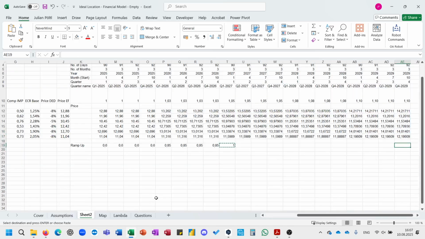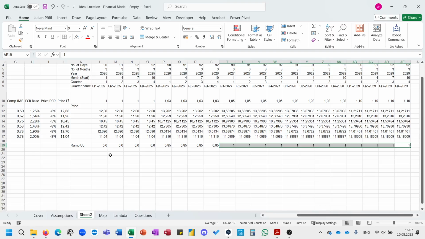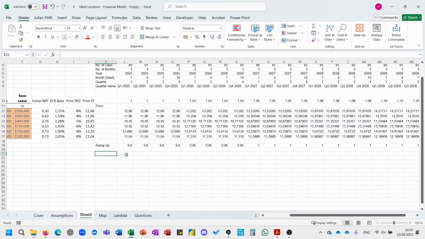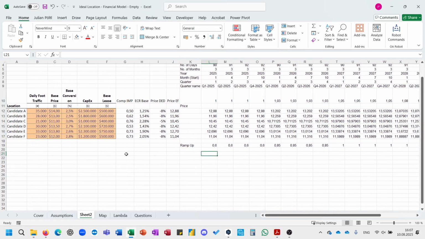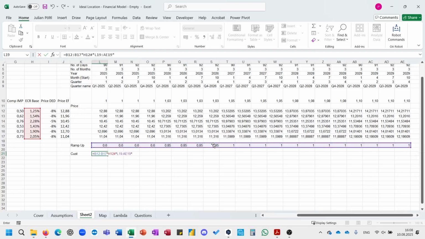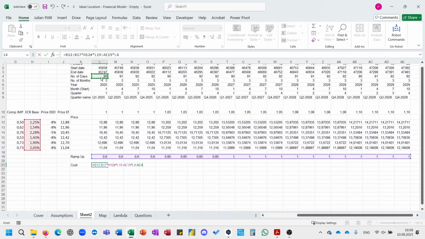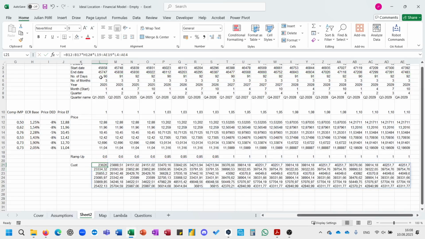And I know I should use the assumption base more often here. But anyways, we then have to calculate our customers. Customers are daily foot traffic multiplied with conversion rate basis multiplied with ramp up multiplied with days per period, so per quarter.